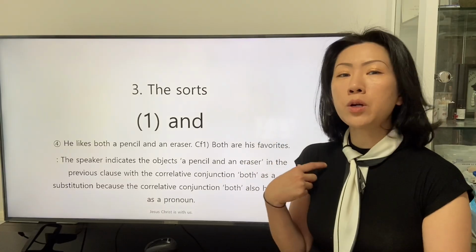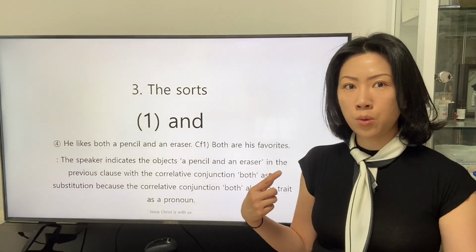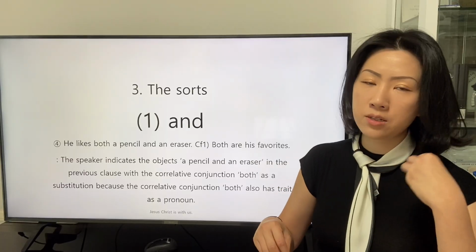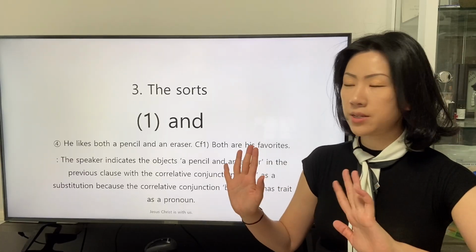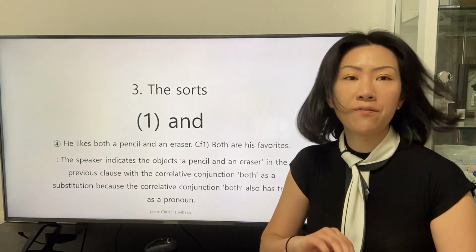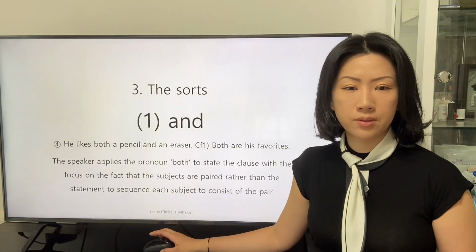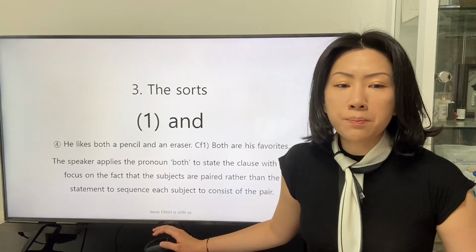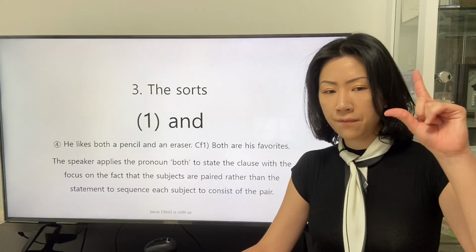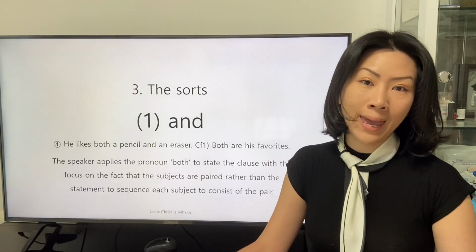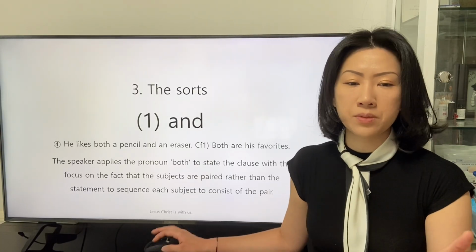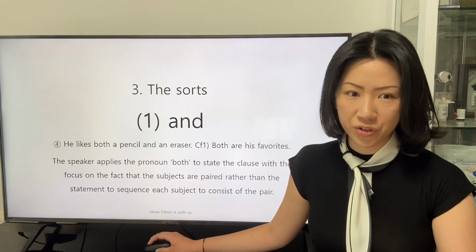So the speaker who understands that both has a trait as a pronoun can state the sentence like this. Both are his favorites. The speaker applies the pronoun both to state the clause with the focus on the fact that the subjects are paired, rather than the statement to sequence each subject to consist of the pair.